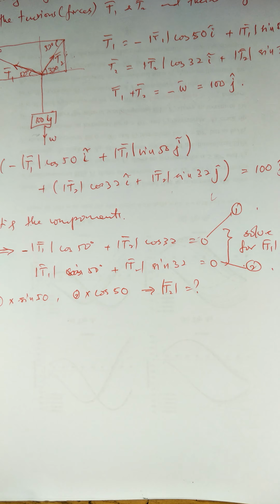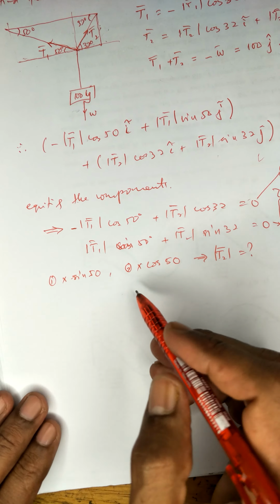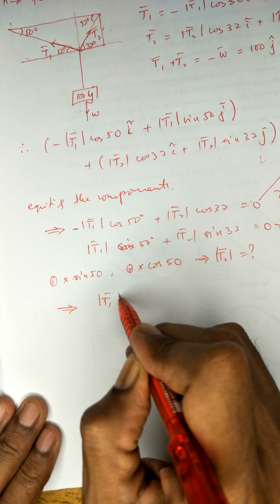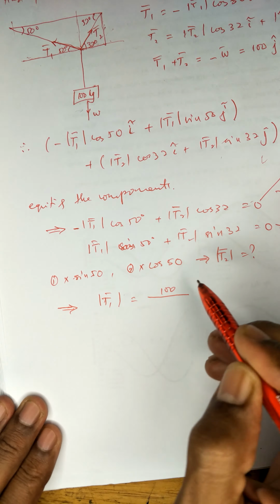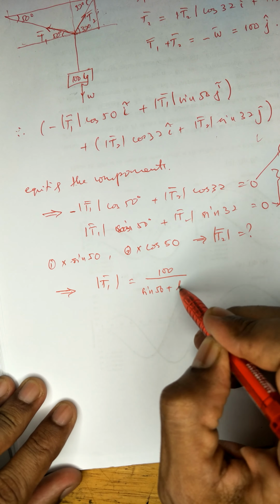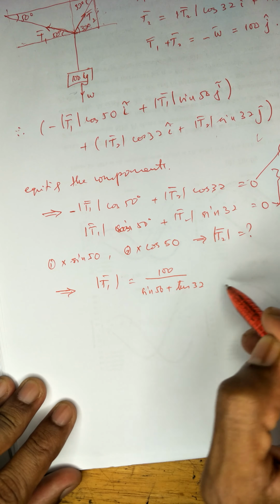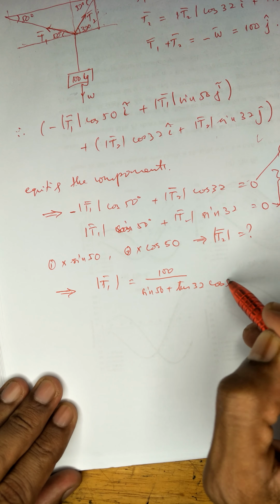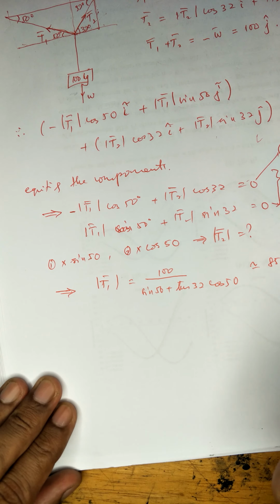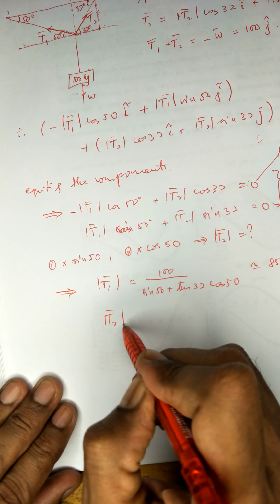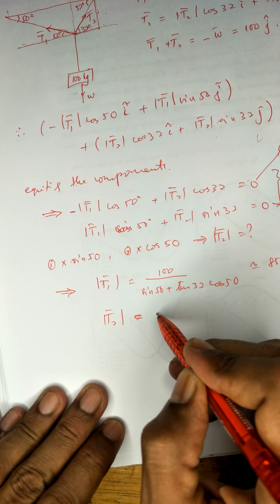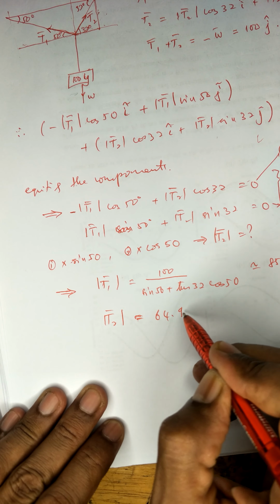So with this we can find T1 is equal to 100 over sin 50 plus tangent 32 cos 50. That's more or less 85.64, and T2 is 64.91.